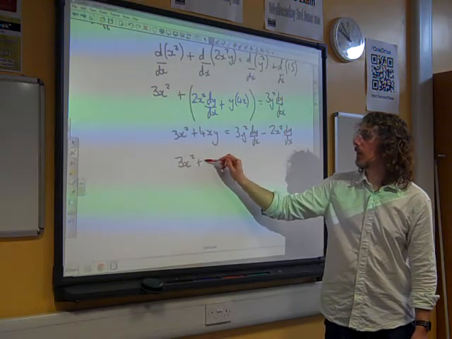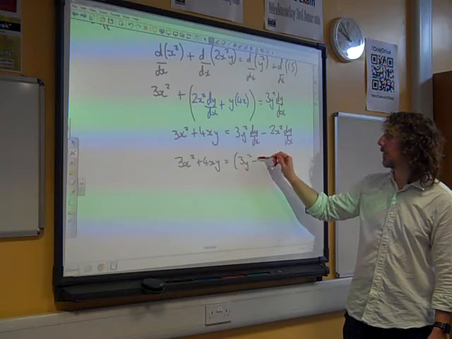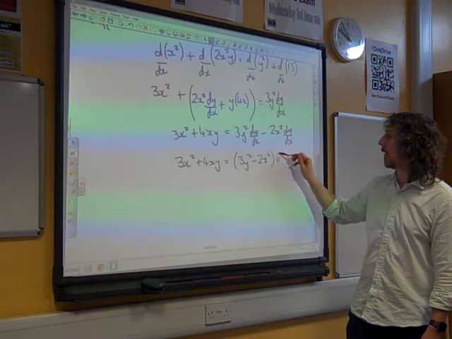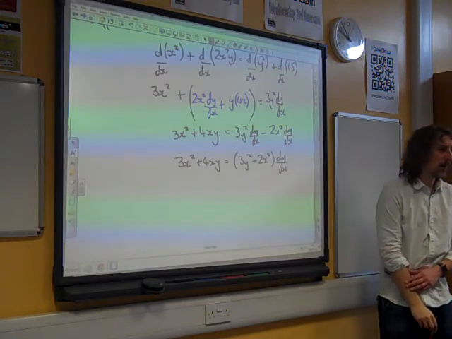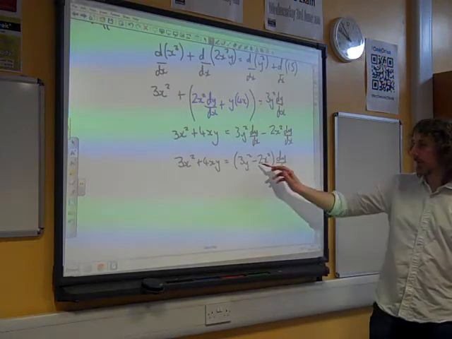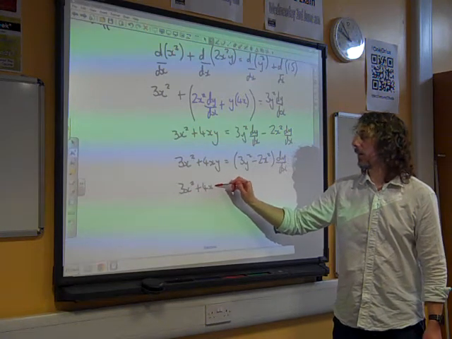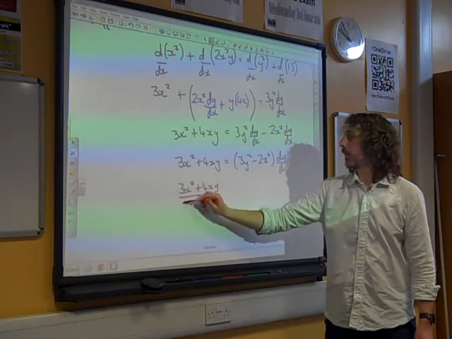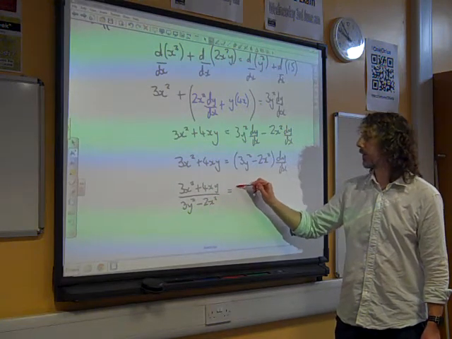Simplifying that side to get dy by dx on its own, and then dividing by this, gives us dy by dx equals 3x squared plus 4xy over 3y squared minus 2x squared.